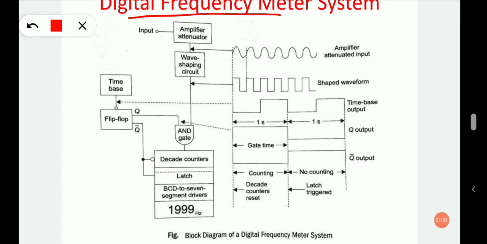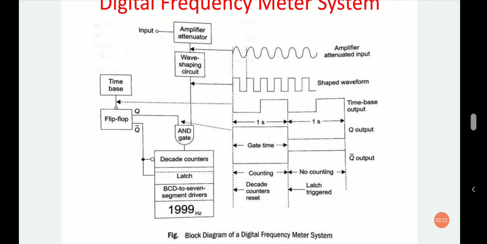The block diagram of digital frequency meter system is shown in the figure. You can see on the screen. This figure consists of an amplifier or an attenuator to which the input signal is applied.